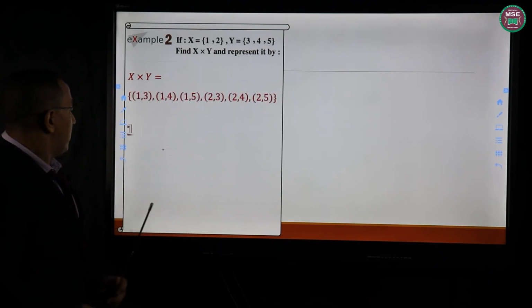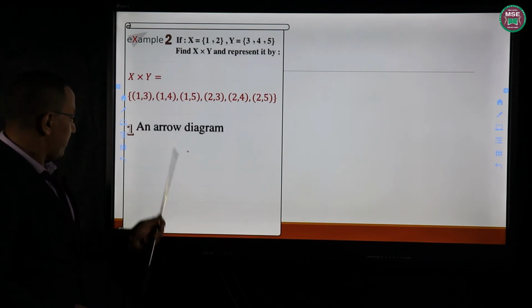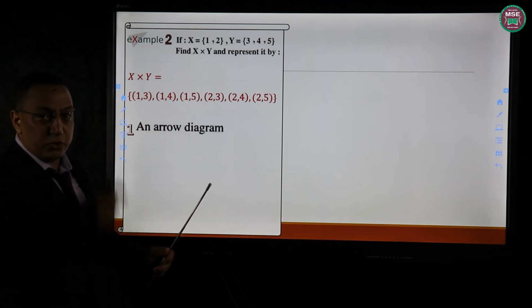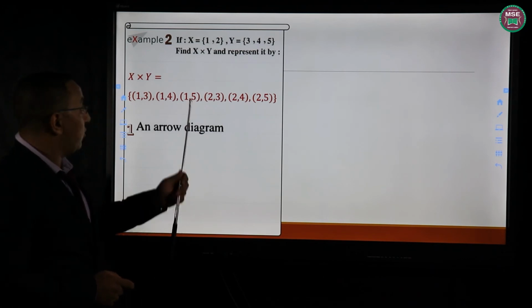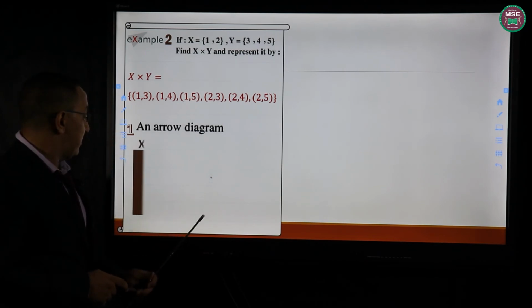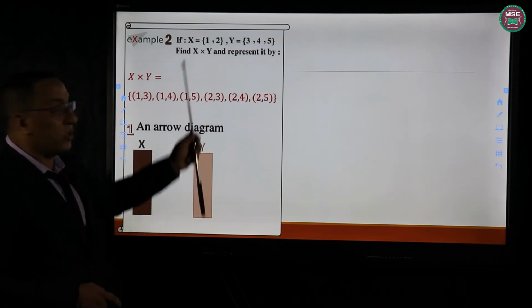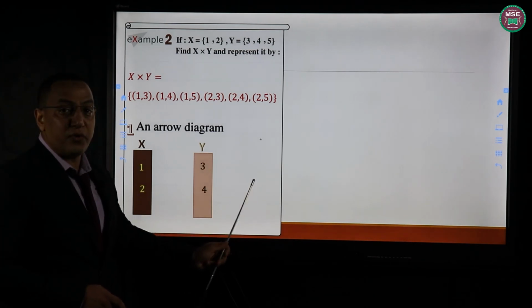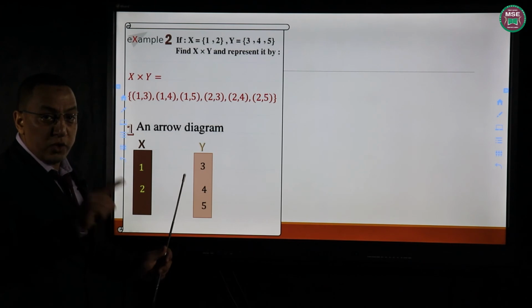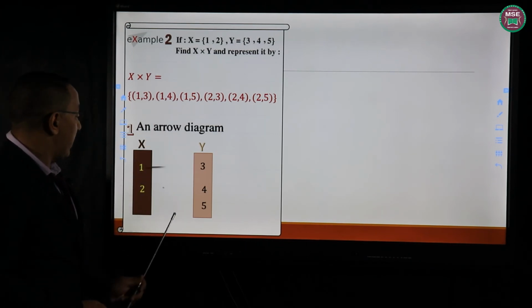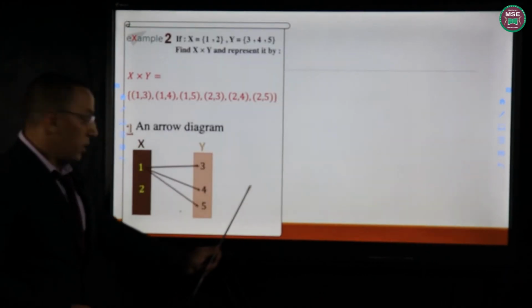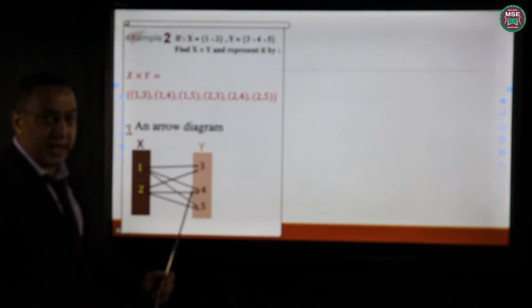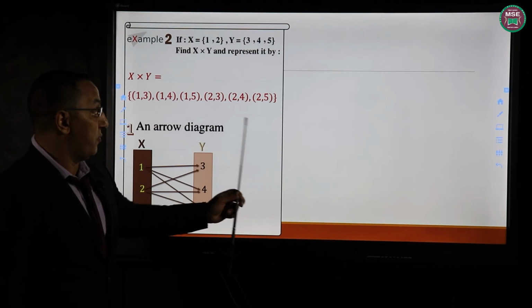Now the arrow diagram: I'm going to draw X inside a rectangle and Y inside a rectangle like this. X includes 1 and 2. Y includes 3, 4 and 5. So I'm going to connect the arrows (1,3), (1,4), (1,5), (2,3), (2,4), (2,5). This is the arrow diagram, we already studied before.